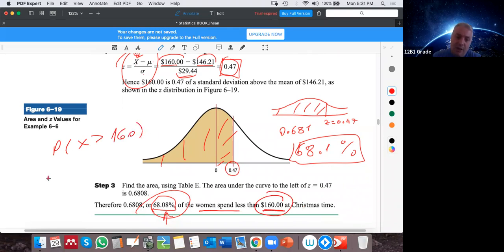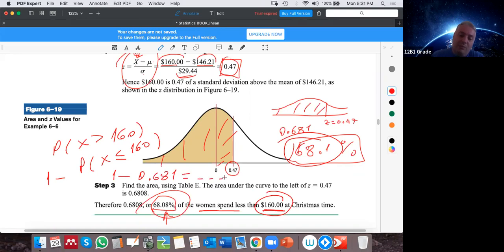The answer is 1 minus probability of X is less than 160. Less than or equal, same thing, okay? So it will be 1 minus this result, which is 0.681, and then it comes out. Okay, if it says greater, calculate this and subtract from 1.